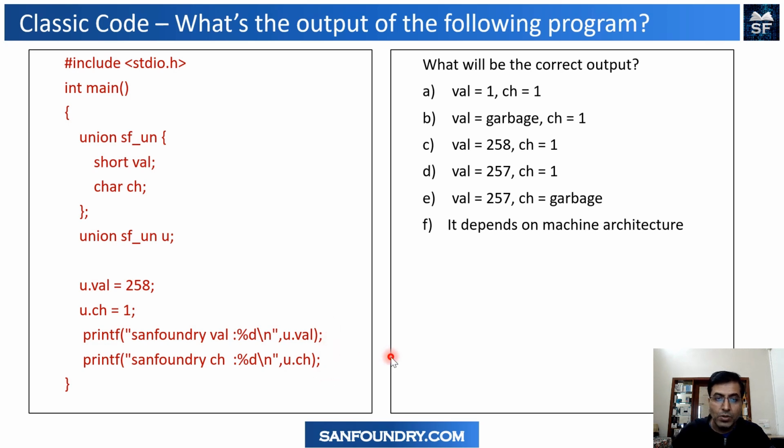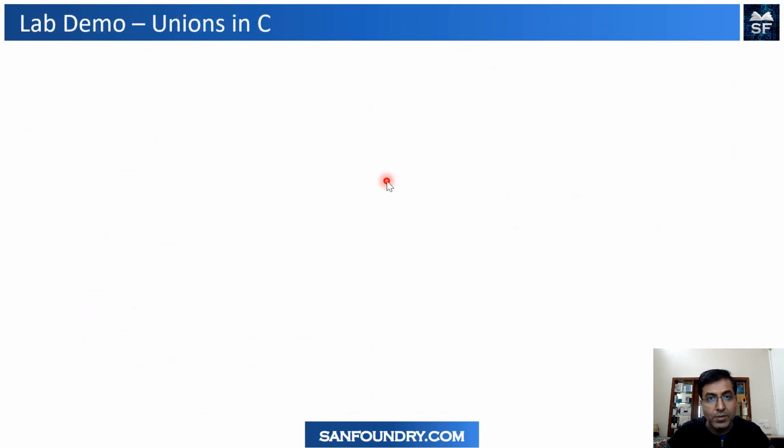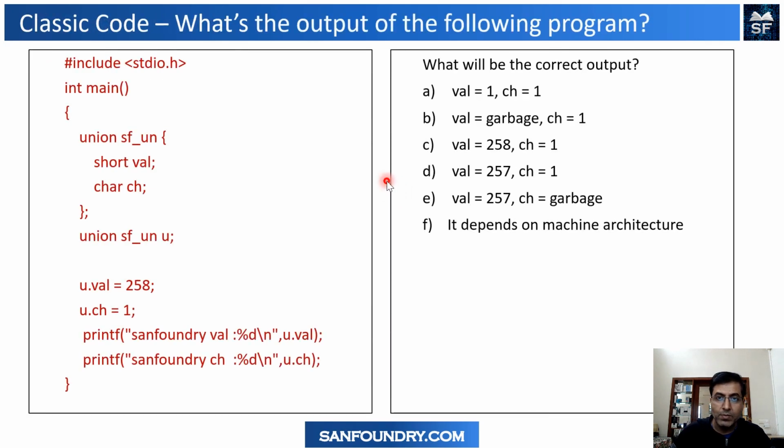Before I jump into the lab, which I'll be doing pretty soon, I will just answer it for some of you who might be tempted to know the answer. Since it is 258, one of the answers can be 257. So the value at the end of this operation can be this.